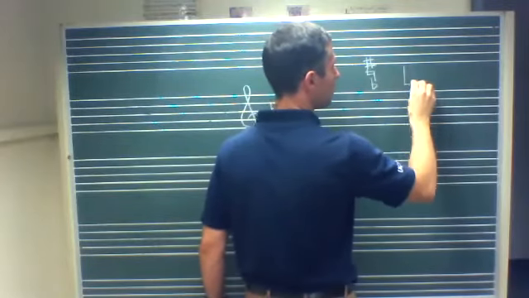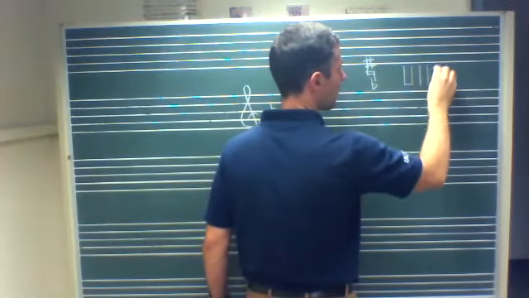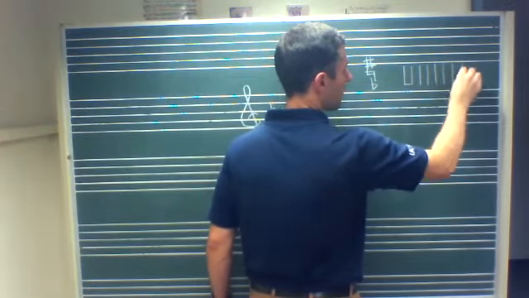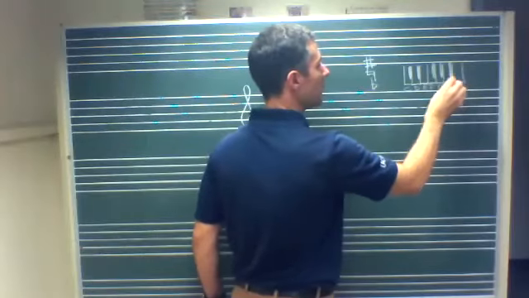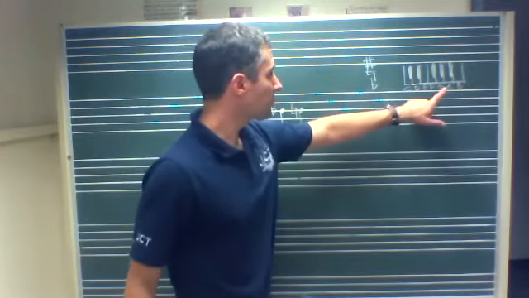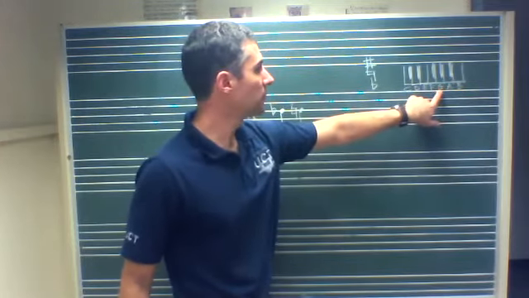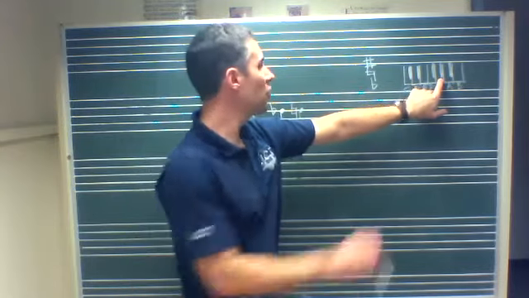natural, sharp. If we have a look at the piano keyboard, let's take a note. For example, this is C, D, E, F, G, A, B. Now, let's take G. Okay, there's G. That's G natural.